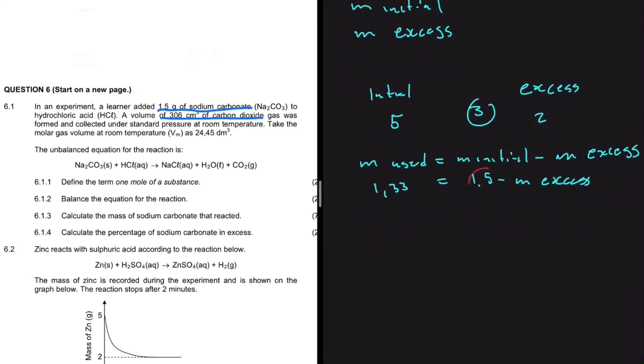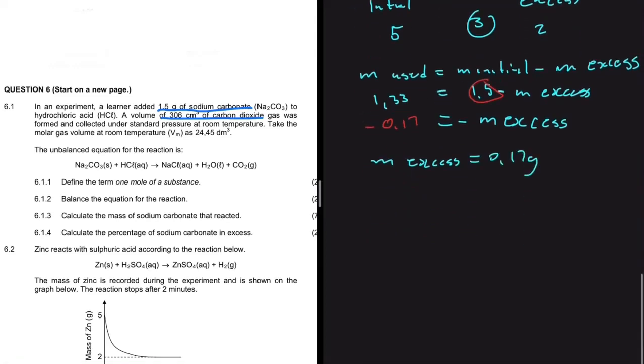So now you're going to take this term to the left hand side, right? You're going to have 1.33 minus 1.5, and you're going to get minus 0.17 being equal to minus the mass in excess, right? It's easy, divide both sides by -1, and then the mass in excess is equal to 0.17 grams, right?